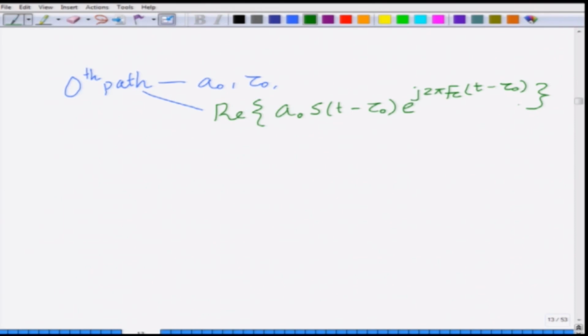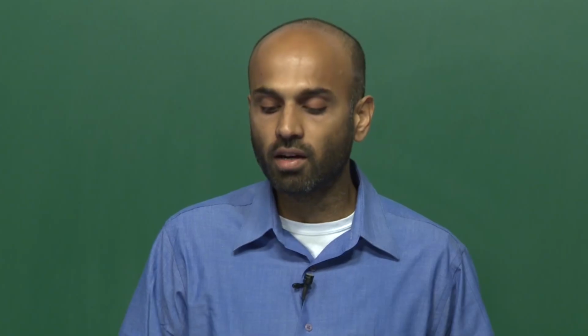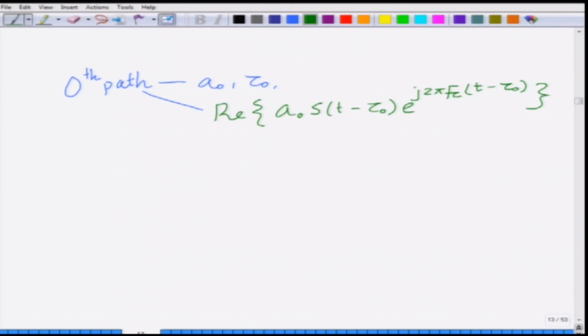So the received passband signal corresponding to this component is A naught s of t minus tau naught e to the power of j 2 pi Fc times t minus tau naught.